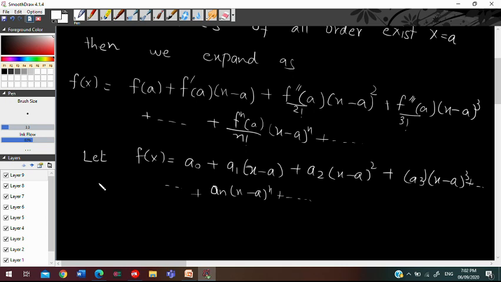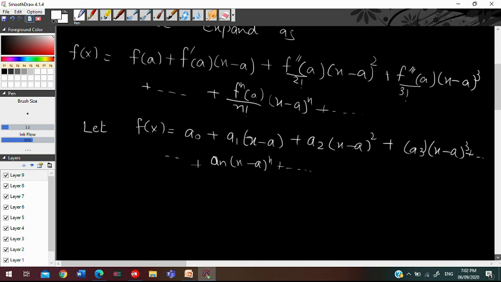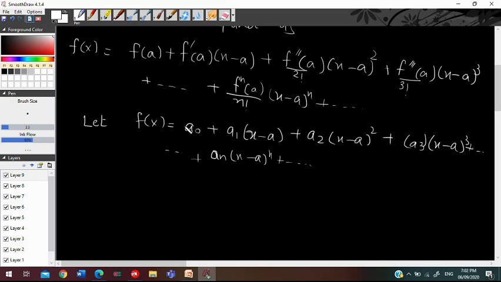It means obviously that this f of x is equal to this series also, and if we compare both, then obviously f of a is equal to a naught. This f of a must be equal to a naught, because both are series of f of x. This is equal to f of x and this is also equal to f of x.